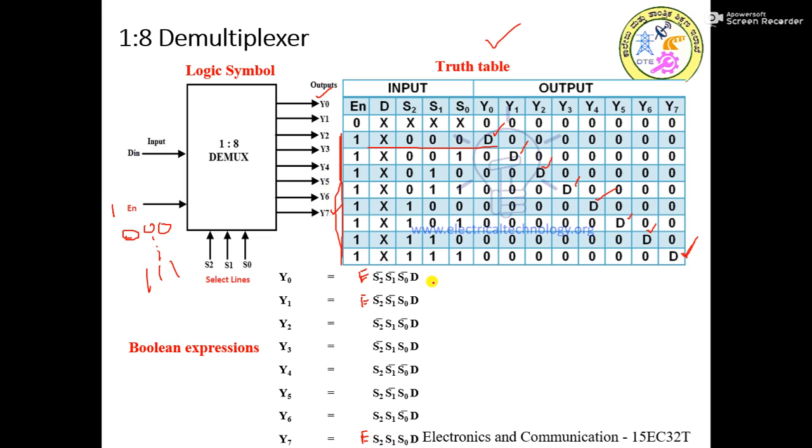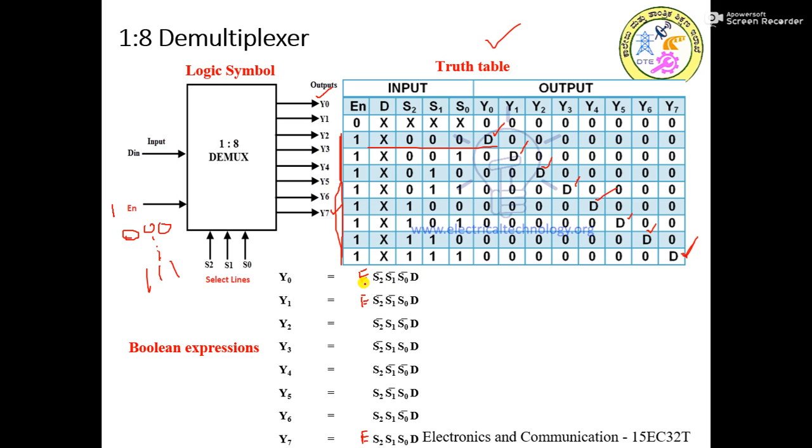Now we shall draw the logic circuit for all these 8 outputs. What do we need here? We need a 5 input AND gate, if you consider enable. In some books they have omitted the enable pin, so there we need a 4 input AND gate.